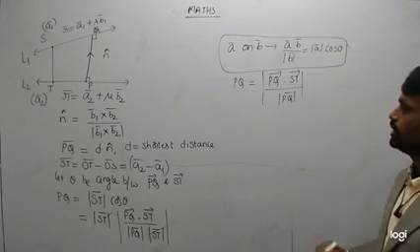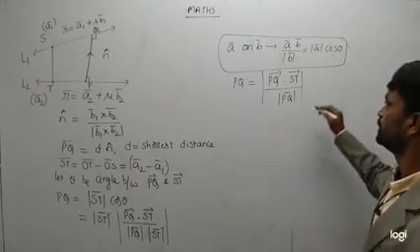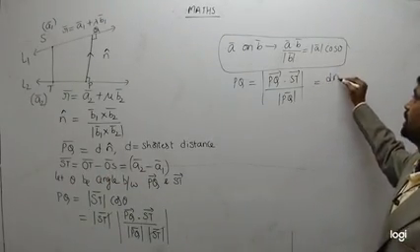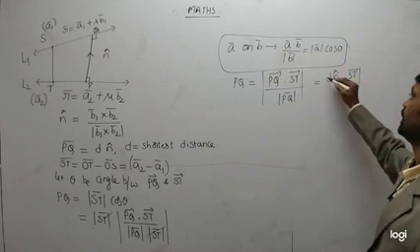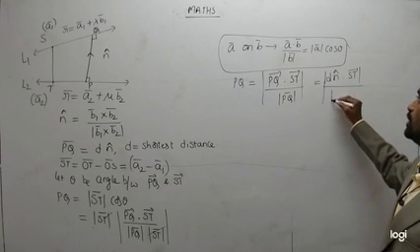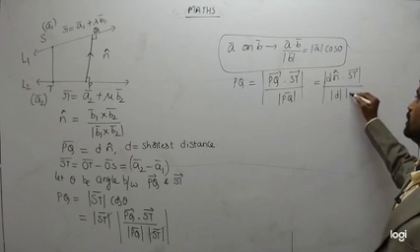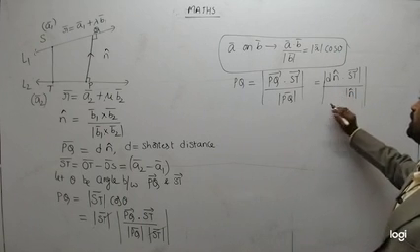But what is PQ bar? PQ bar is D into N cap. So D into N cap dot ST bar divided by modulus of PQ bar, that is modulus of D into modulus of N cap. Anyway D is positive, then you can write D.